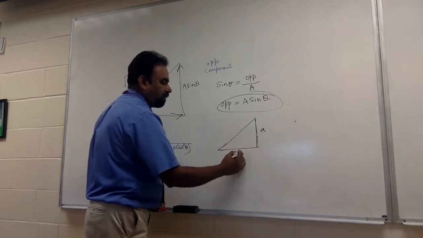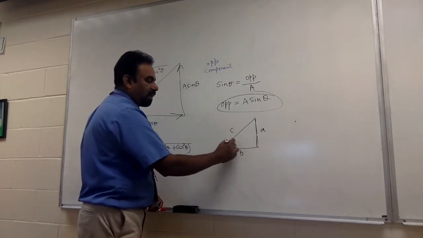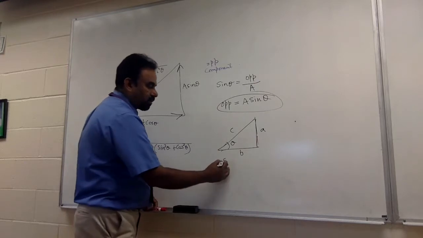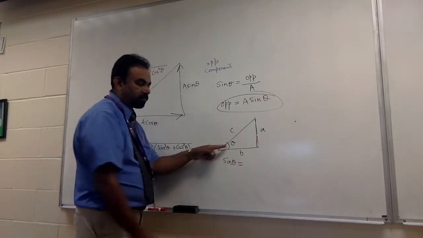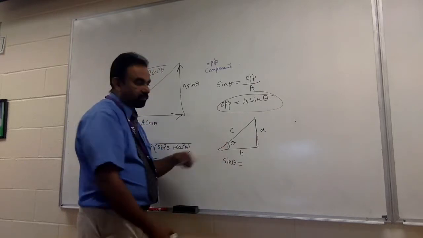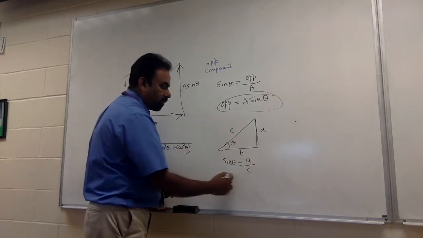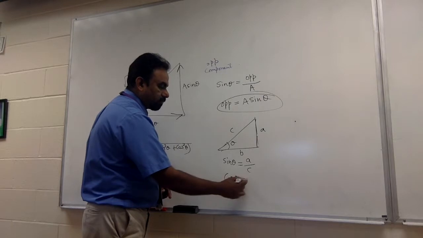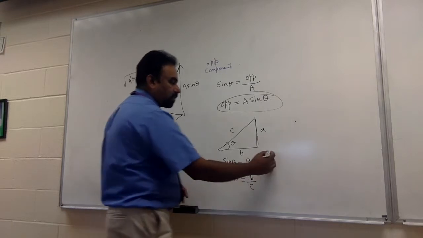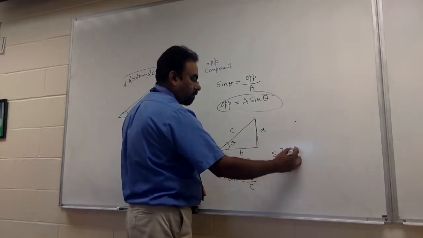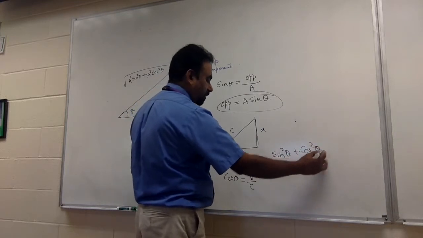If you have A, B, and C, and this is the angle, what is sine theta? A over C. What is cos theta? B over C. So what is sine square theta plus cos square theta?